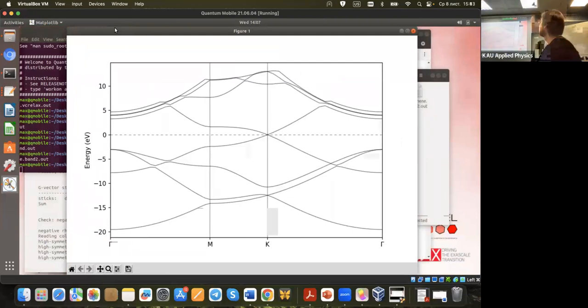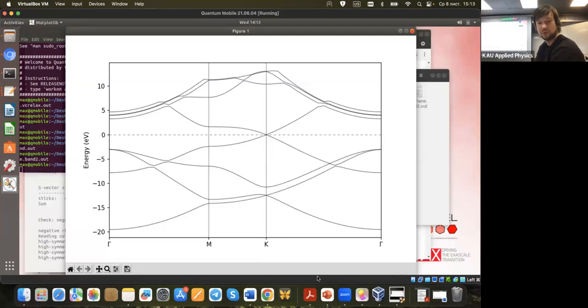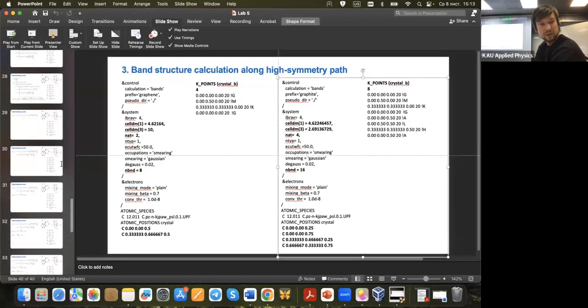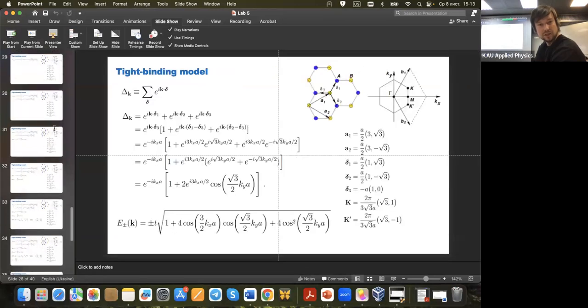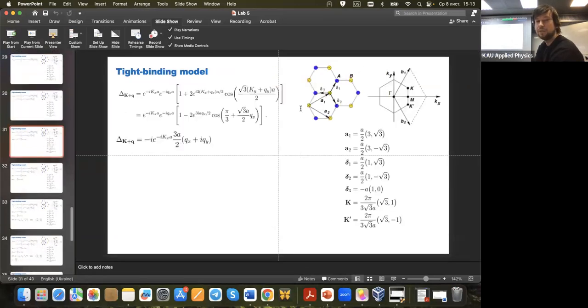Okay, let's discuss in a few words this plot. First of all, you see this Dirac point at the K point, as I promised. We had this tight binding model, and we chose K point as this high symmetry point, as some interesting point, because when we calculate energy dispersion at this point, we'll have linear dispersion.